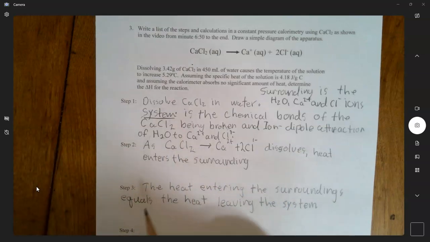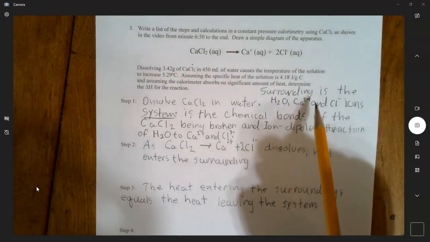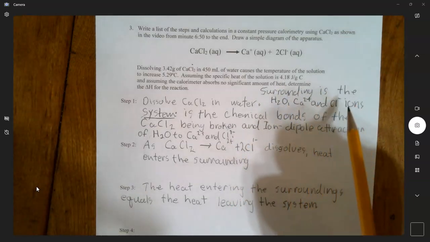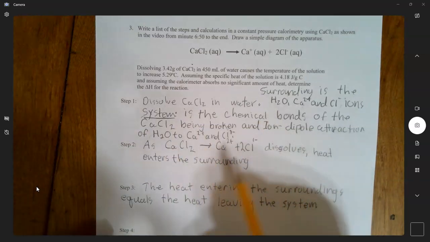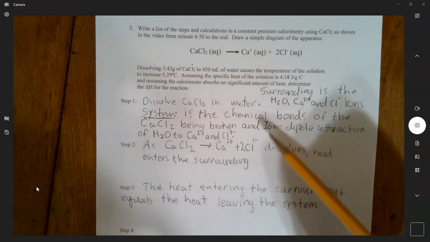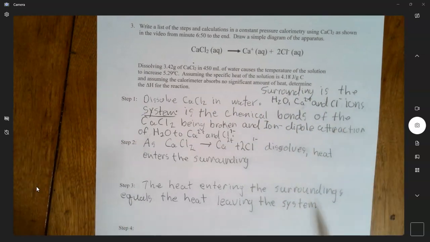That wasn't explained that clearly in the video. The surroundings, which is absorbing the heat, is the water, the Ca2+ ions, and the Cl- ions. So in other words, the system is the bonds and the intermolecular forces. The surroundings is the substance. It's the physical substance of the water, the calcium, and the chlorine.